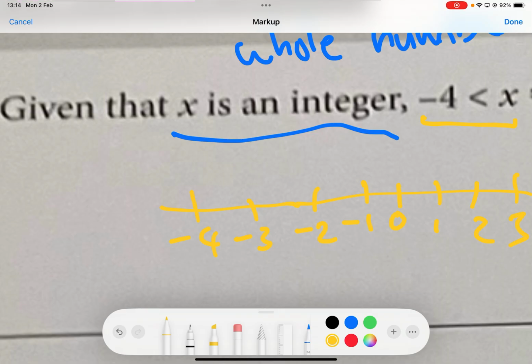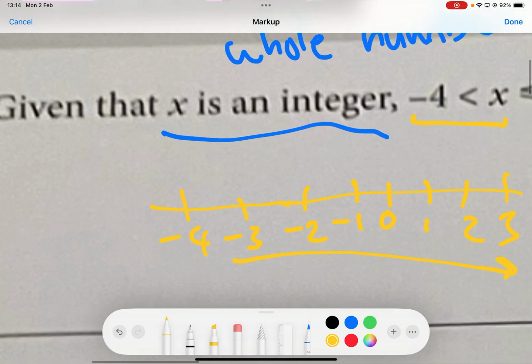My x must be larger than -4. On a number line, going to the right is bigger, so my x must be larger than -4. So my x can actually be -3, can be -2, can be -1, can be 0, can be 1, can be 2, can be 3, and so on and so forth. Okay? So it can be all these numbers.